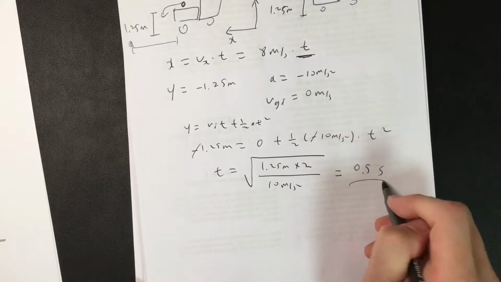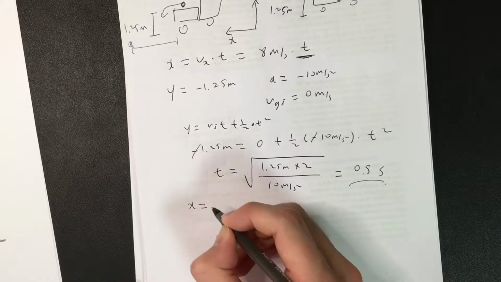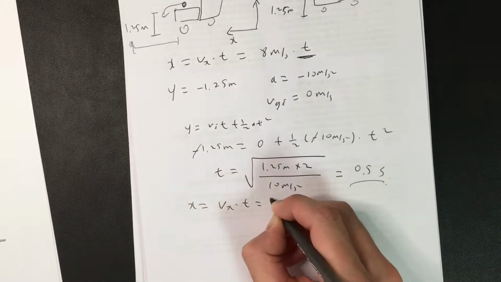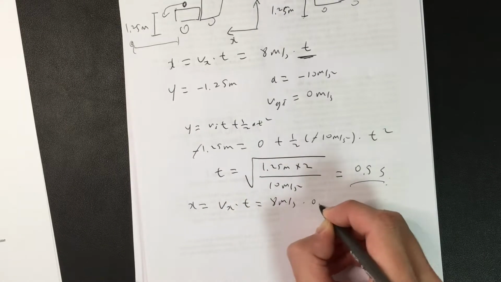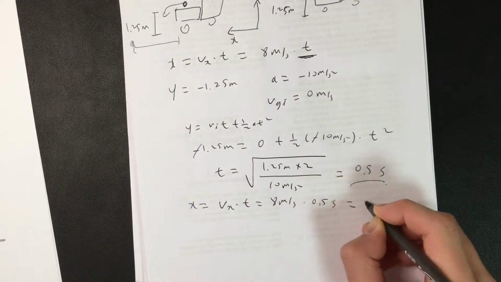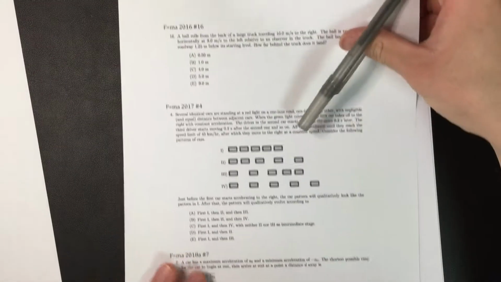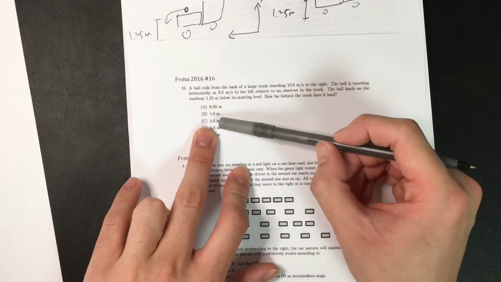Now, since time was 0.5 seconds, the horizontal displacement x equals vx times time, which is 8 meters per second times 0.5 seconds, which would be 4 meters. If you look at the answer choices, this is going to be C, 4 meters.